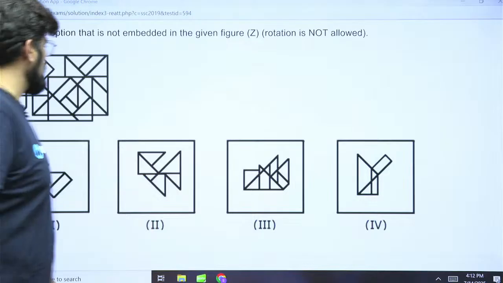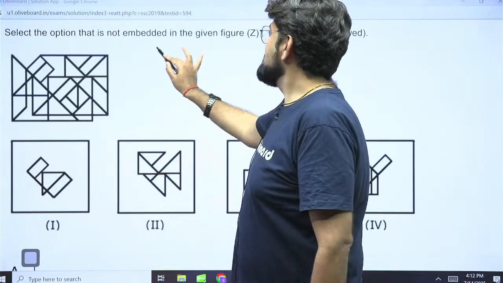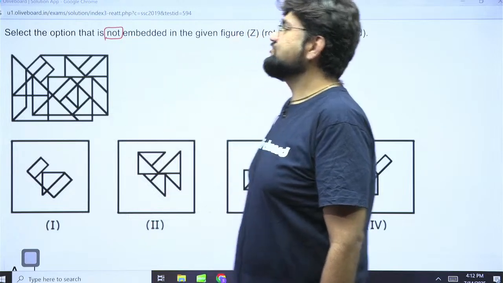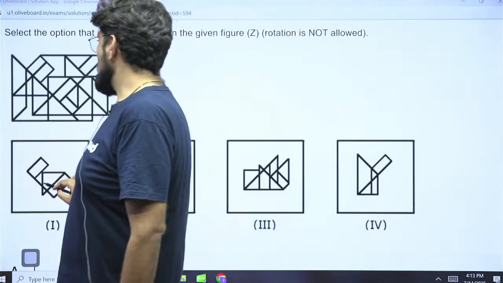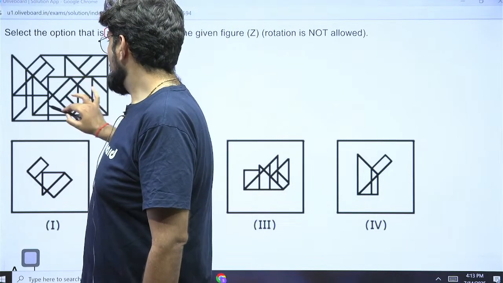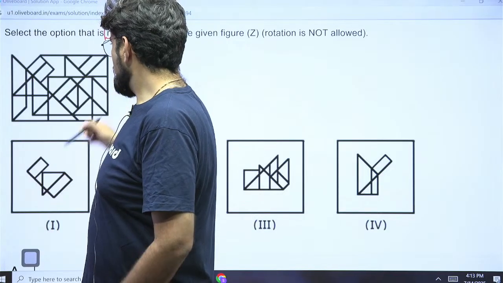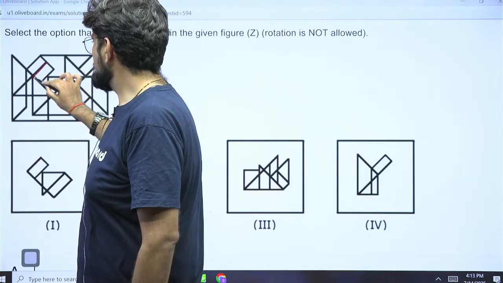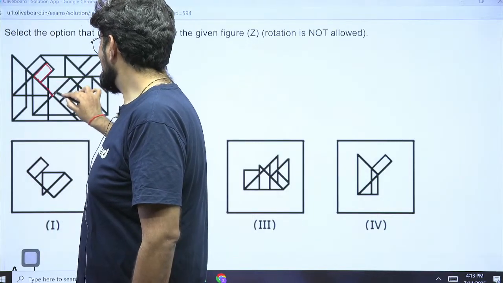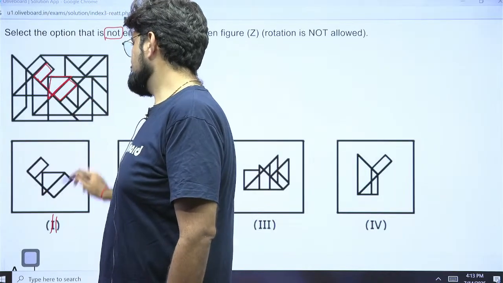I think you have not read the question carefully. I told you multiple times to read the question carefully. Select the option that is not embedded in the given figure. Okay. This is definitely there, no? Isn't it? Yeah, it's right here. This is there, embedded.